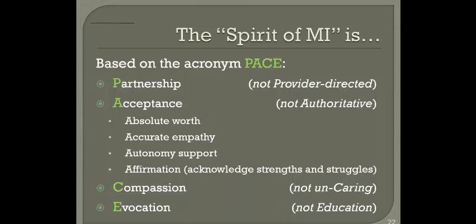And being able to find a place of accurate empathy, understanding and being able to demonstrate that understanding back to them about their current struggles or their current factors or variables that might impact their ability to make a change. The C in the PACE acronym stands for compassion, which is one of caring and openness towards wanting to see the best for the patient.